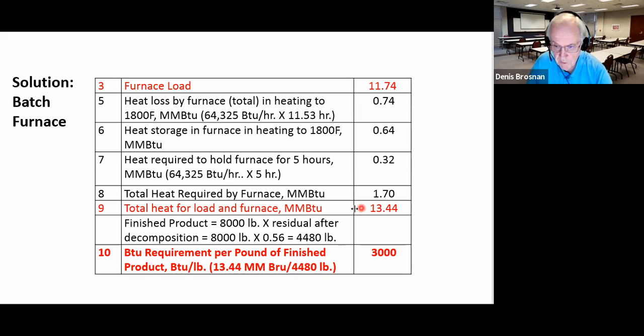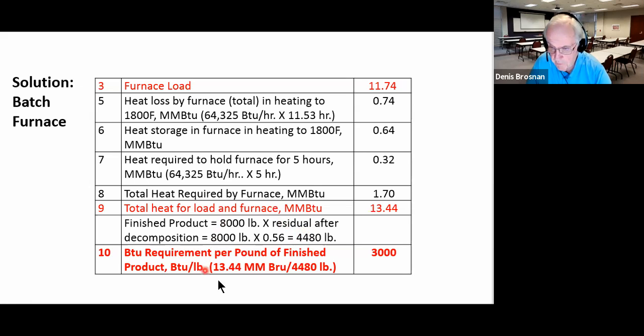Now, we've got to express that on a finished product weight basis. So we started with 8,000 pounds of limestone, but we only get 56 pounds of lime per 100 pounds of limestone, or 0.56. We actually made 4,480 pounds of caustic lime.